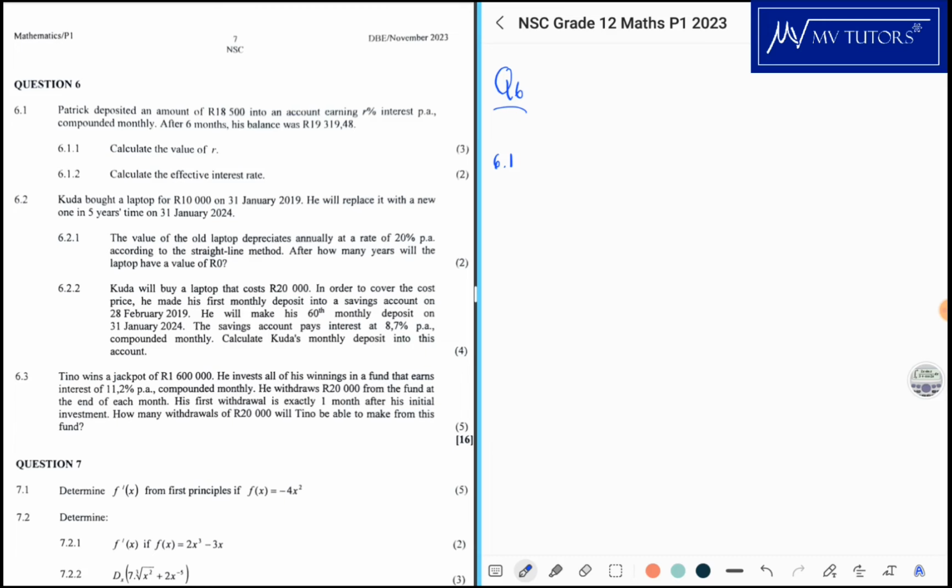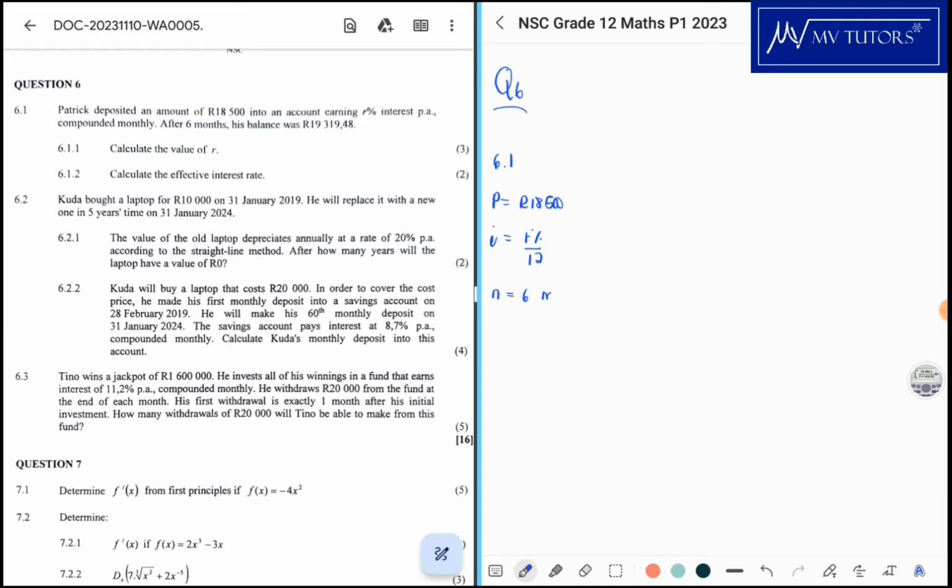Alright, so let's write down the things that we know. So we know that the principal amount, the amount deposited, was 18,500. The interest rate is R% over 12 because it's compounded monthly. Our period is 6 months.